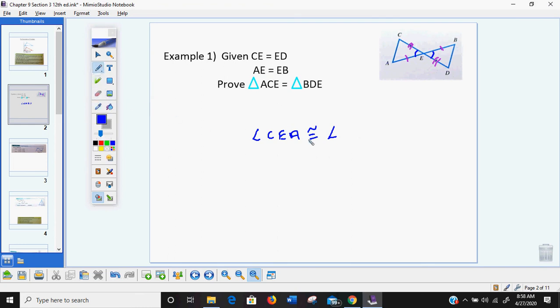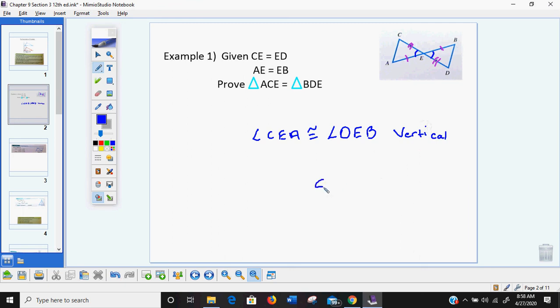We can't just say angle E because it would be on both sides. So DEB. Those are vertical, so we know they're congruent. And once we know they're congruent, we can prove, because we have side angle side, that these two triangles are congruent.